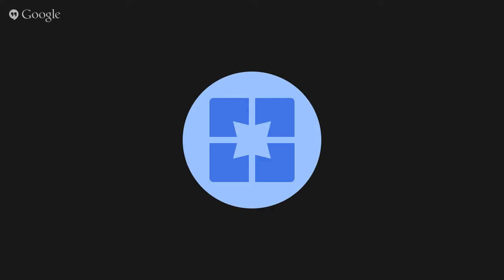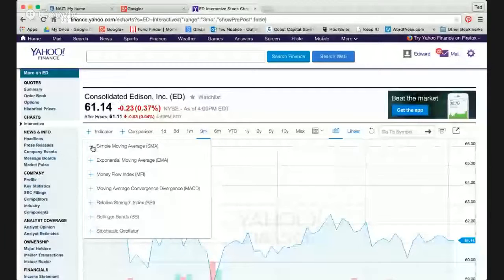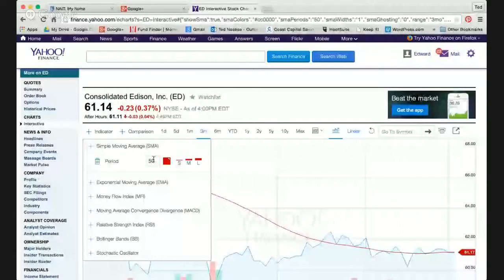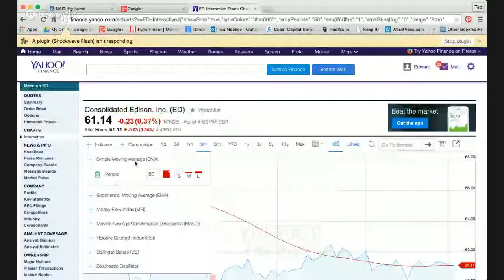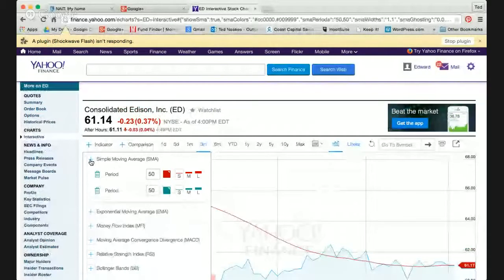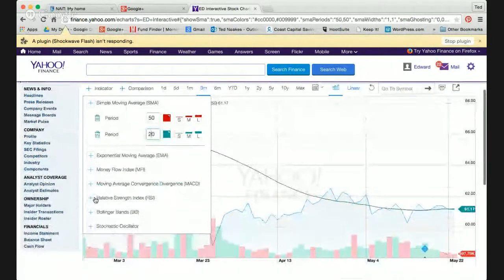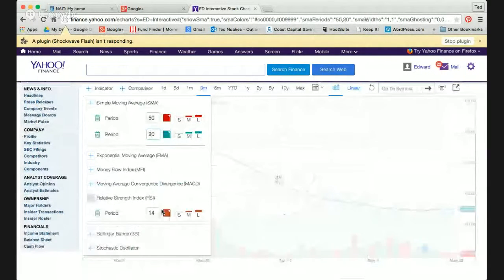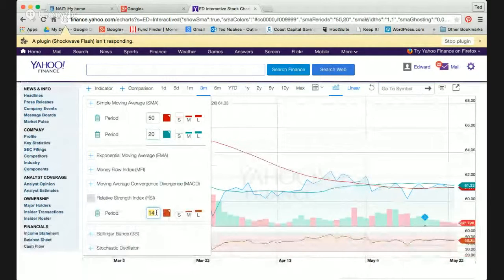Here we can put in our simple moving averages, the 50-day and the 20-day, and then add the relative strength index. I'm going to look at the relative strength over the last 100 days or so, and away we go back to our chart.